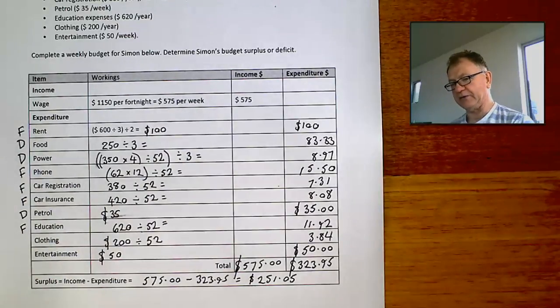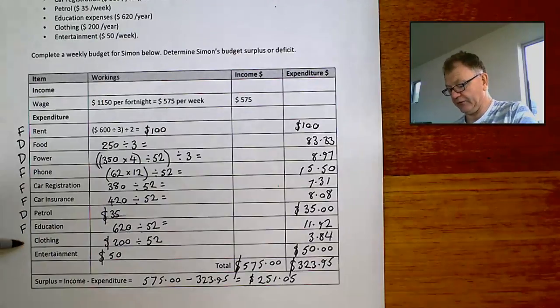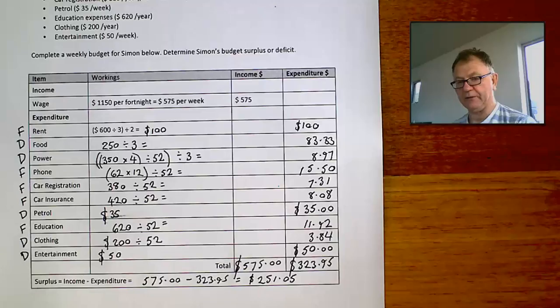Clothing would be discretionary. You can spend more or less on it. I would suggest he's spending $200 a year is a very small amount in any case, but it's still a discretionary item, as is entertainment. You could spend more or less on that if you wished. We'll finish that one there.